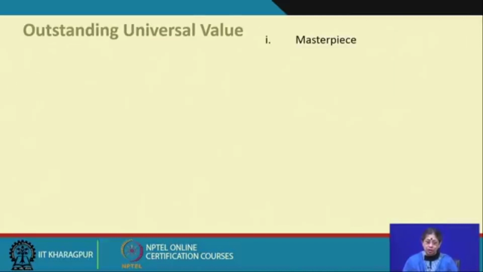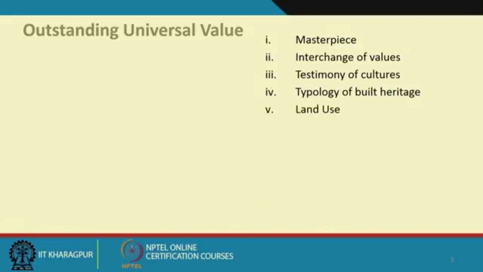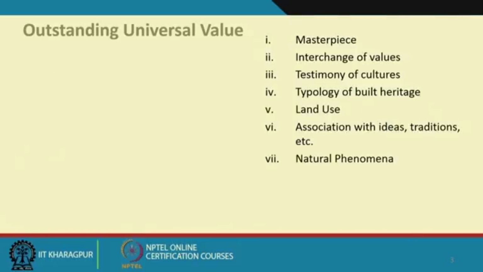Now, let us take a quick look at the 10 criteria. You must remember the very key essence of each criterion. So, the first was masterpiece, then the interchange of values, testimony of cultures and typology of the built heritage, land use, association with ideas and traditions, and natural phenomena, because 1 to 6 were the cultural heritage and 7 to 10 were the natural heritage.